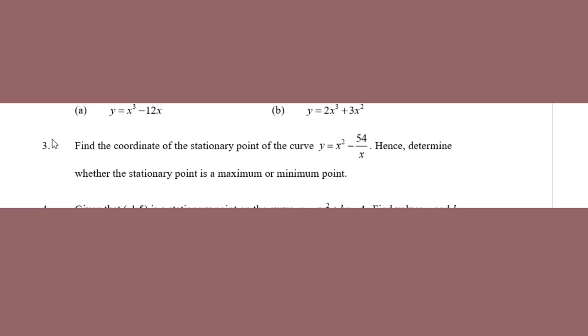Number 3, find the coordinates of the stationary points of this curve. So coordinate x, y. Stationary point means differentiate this function y with respect to x, dy/dx. Find dy/dx equal to 0 to get the value of x.